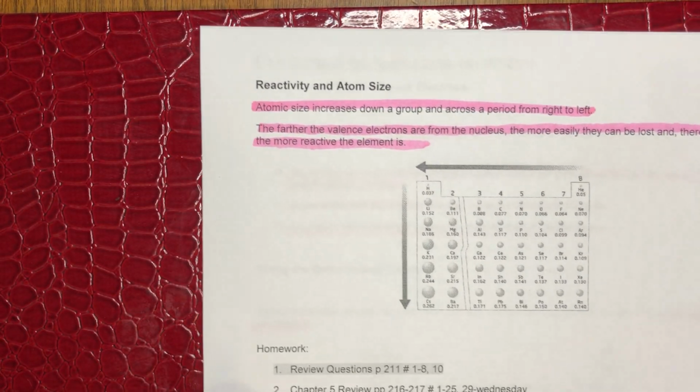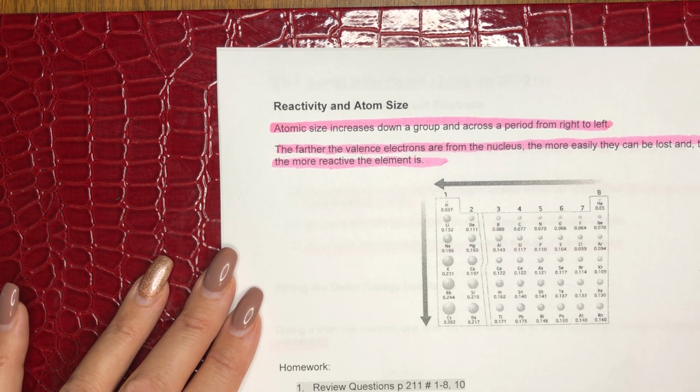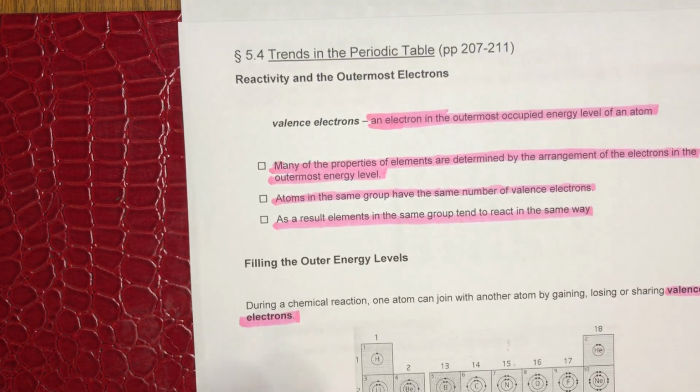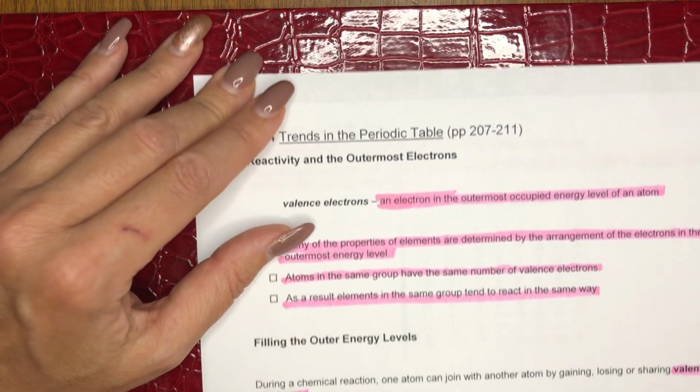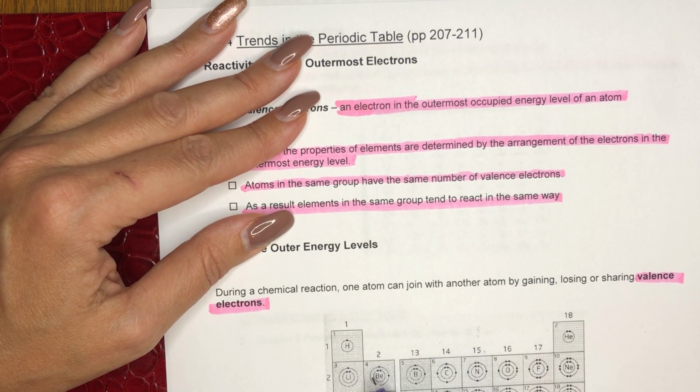Another trend on the periodic table is, actually let's go back one moment to filling outer energy levels, something else I'd like to mention. As we go across the periodic table, we can see that we add one electron to the valence shell. So we talked about the fact that they all have the same amount, but as we go across, we're adding one electron.